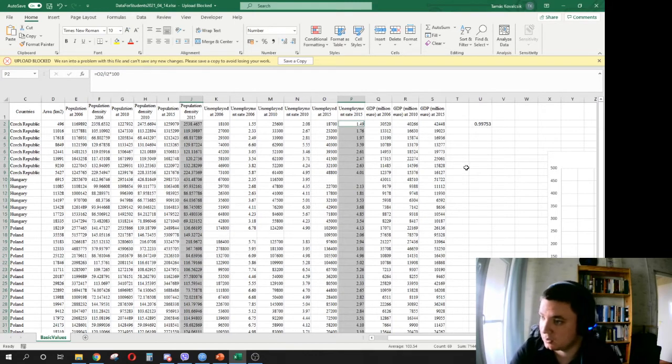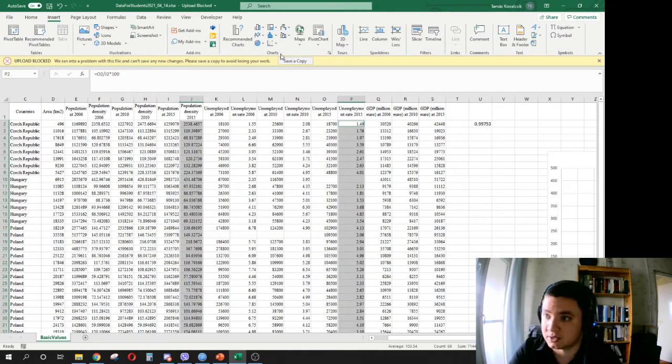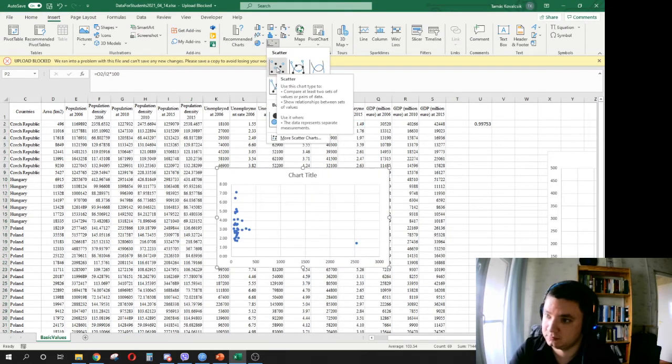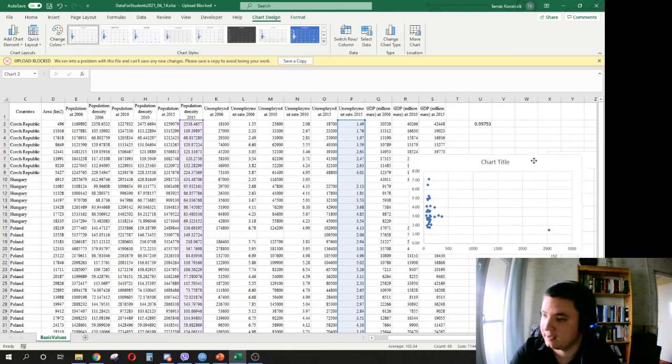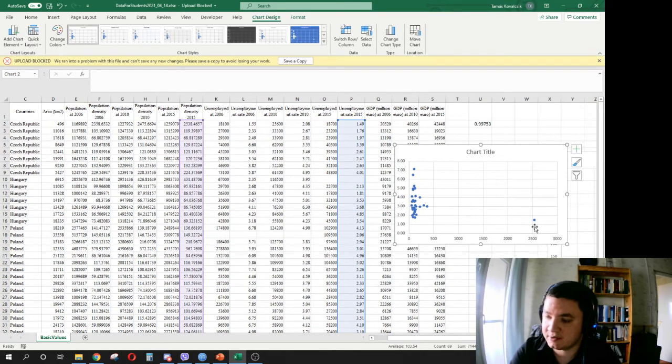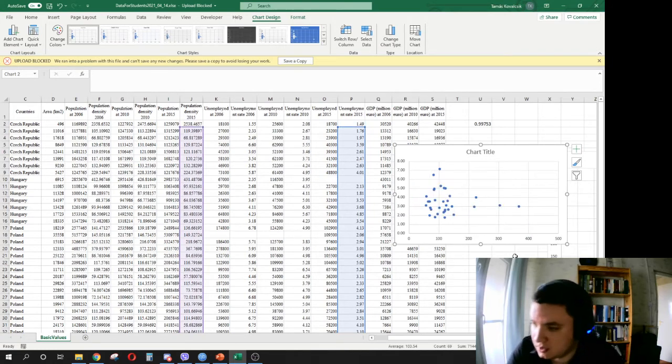Okay, and make such a chart. Okay, and again we have an outlier value, so we have to delete it. In this case, we do not have a huge relationship between them, because between the population density and the unemployment rate, we have a very weak relationship.